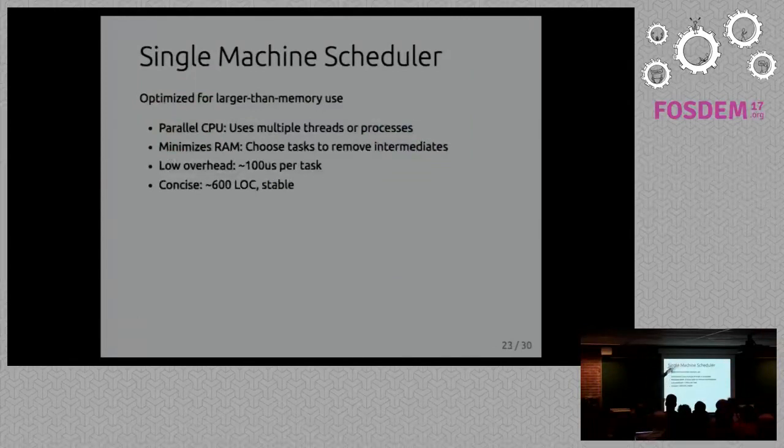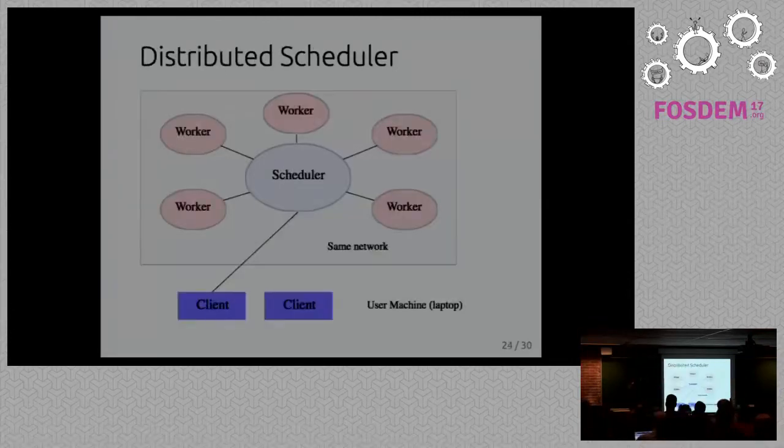For the single machine scheduler, which is part of Dask, you can choose between multiple threads or processes. By default, for working with arrays, it will use different threads, because NumPy and pandas can release the GIL for many operations. And this is a very small and stable library.